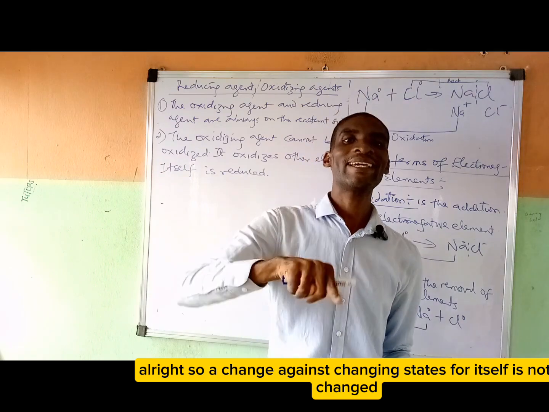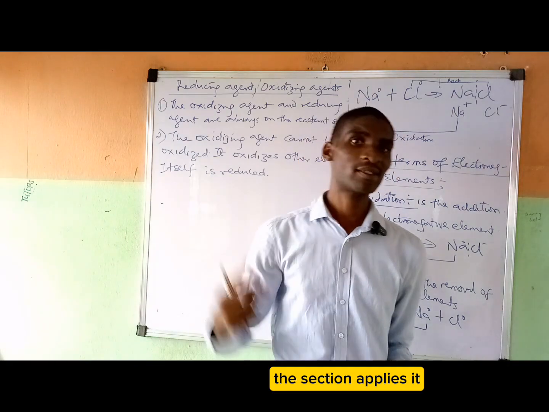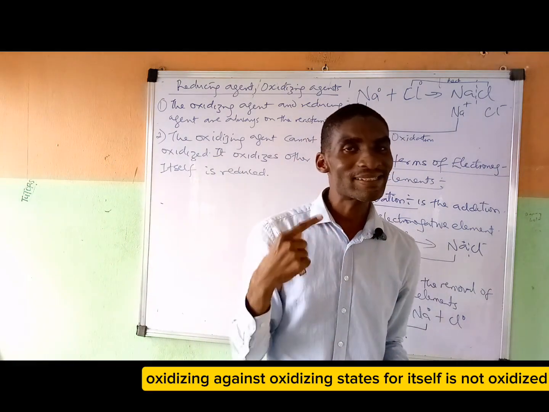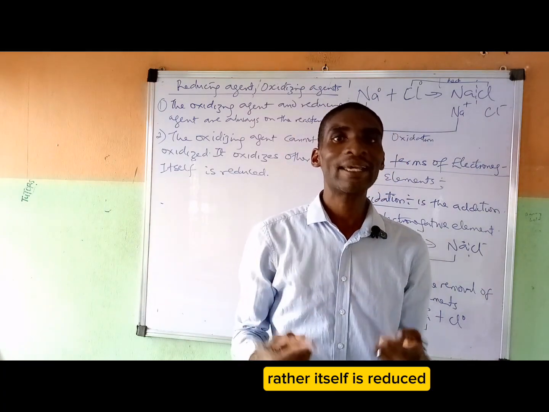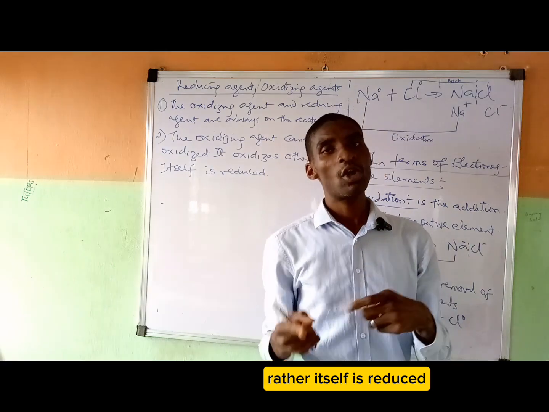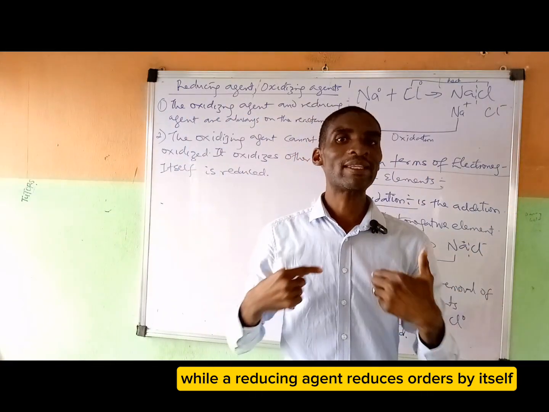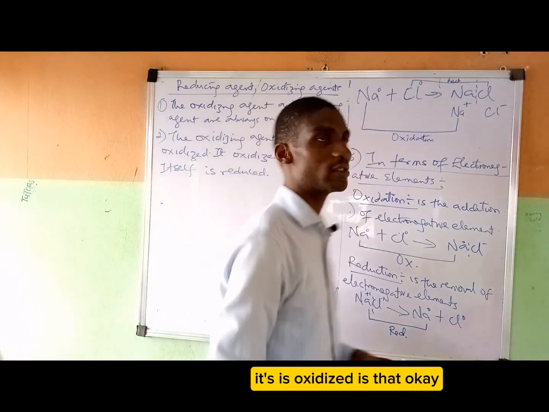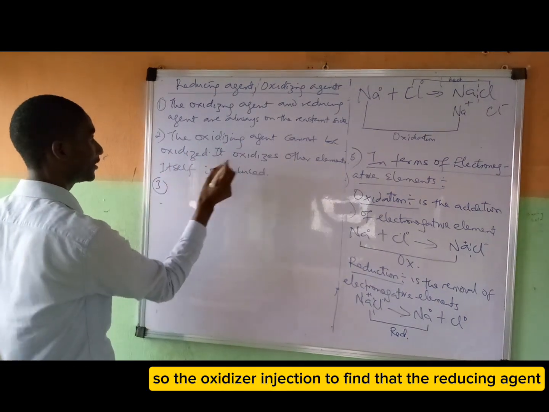So a change agent changes things, but himself is not changed. The same thing applies here. Oxidizing agent oxidizes things, but itself is not oxidized. Rather, itself is reduced. While a reducing agent reduces others, but itself is oxidized. Is that okay?